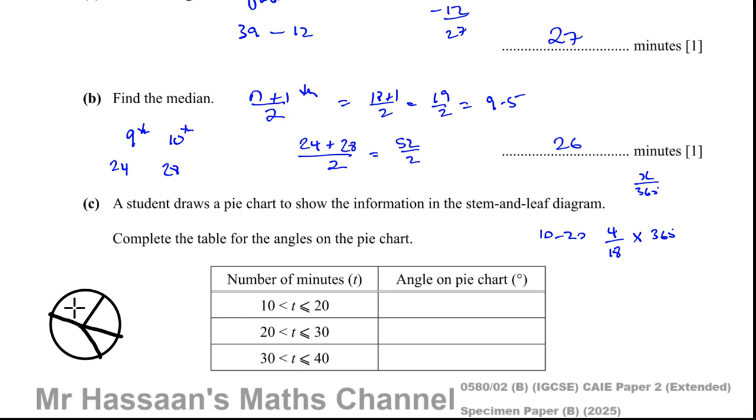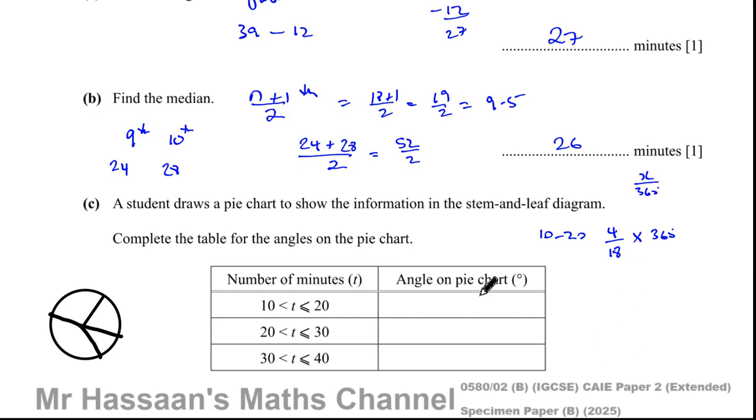So one of these would represent 10 to 20, one of them would represent 20 to 30, one would represent 30 to 40, and so on. The bigger the number of entries in that particular category, the bigger the angle it will take on the pie chart, and the total sum of the angles must always be 360 degrees.